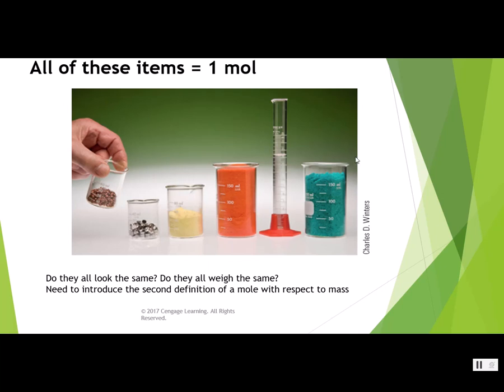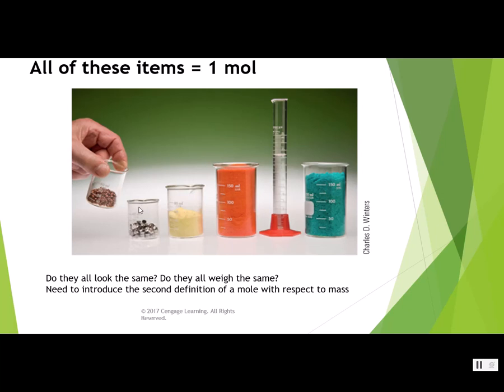So what I have on this slide here are examples of 1 mole of different elements. All of these substances are equal to 1 mole of that particular substance. And so looking at them, you think, well, that's a little odd.